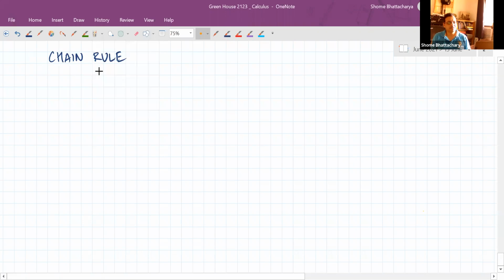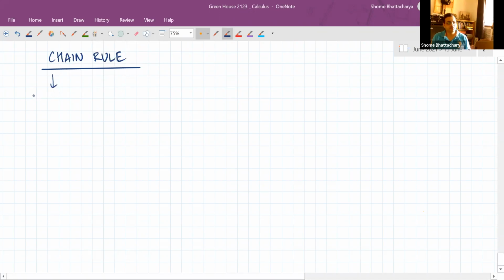Now, the final thing we learned today before we come to the doubts of the test and all is the all-important chain rule. Chain rule is more than a property. It is actually a method of differentiation that we use to differentiate certain types of function called composite functions.